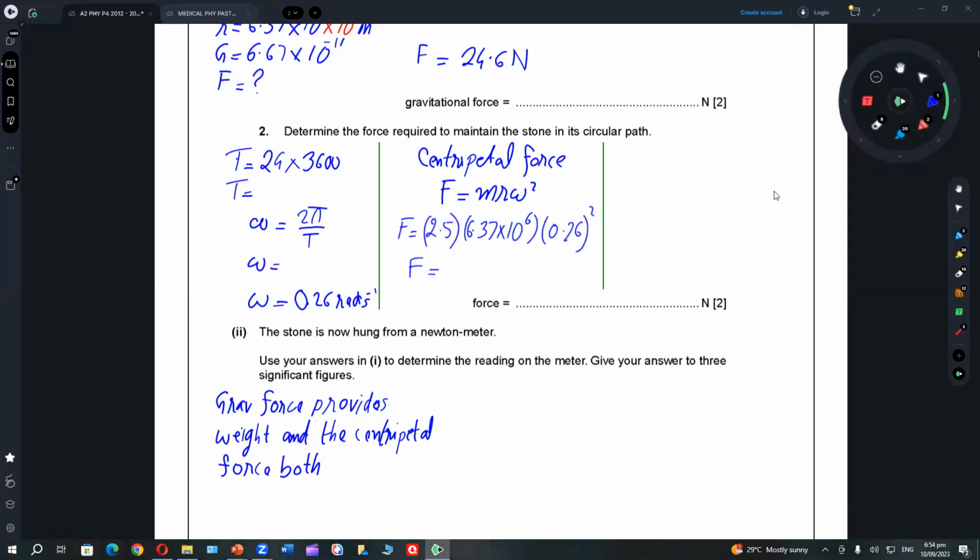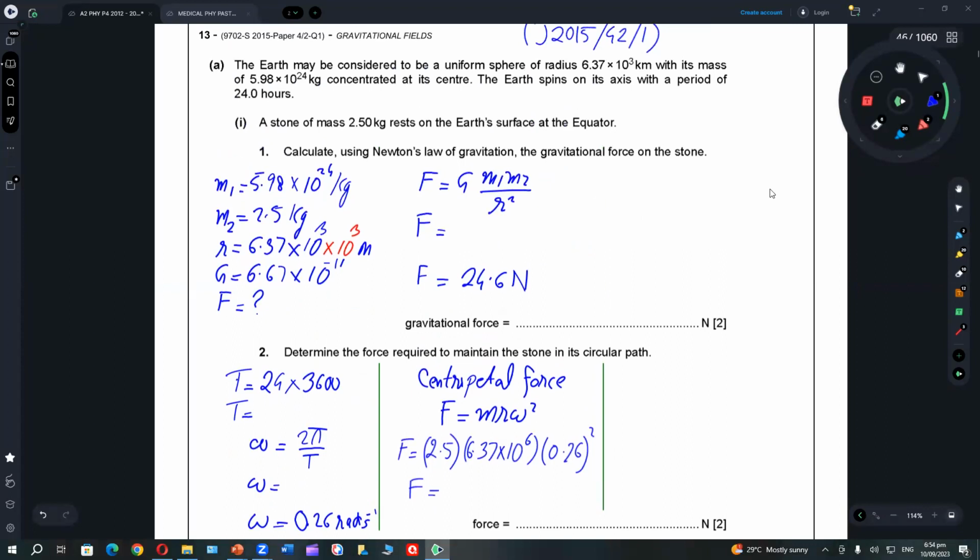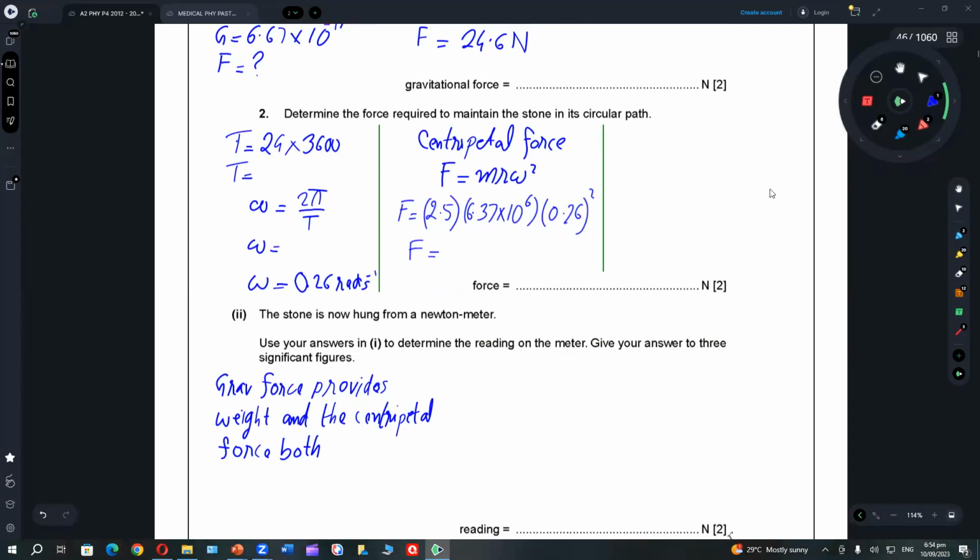I have 24 hours. I have multiplied it by 3600 so it is converted into seconds. If there is a difference in omega, you people can tell me.